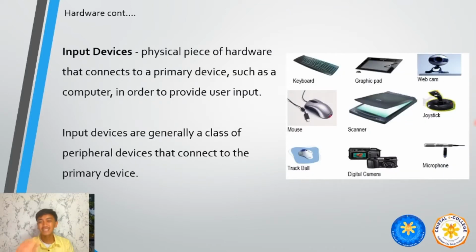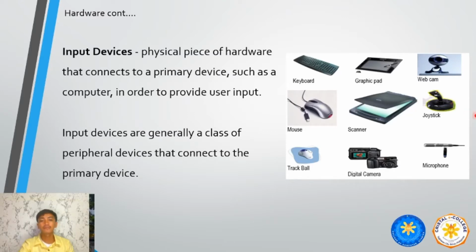Input devices are physical pieces of hardware that connect to a primary device such as a computer in order to provide user input. Input devices are generally a class of peripheral devices that connect to the primary device.